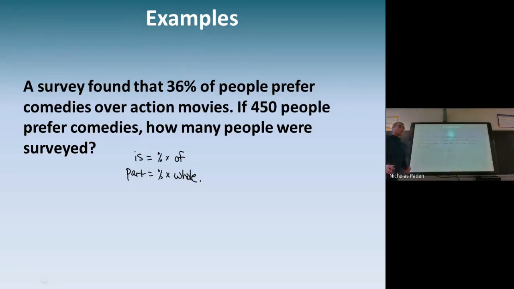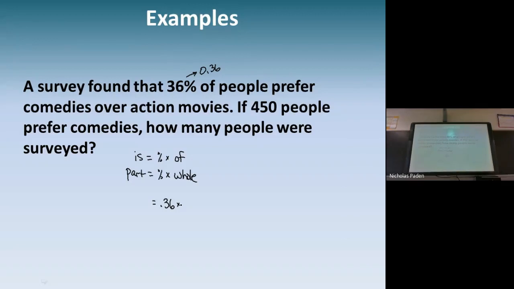We've got to figure out what pieces do we have. One is easy to see. We know we've got the percent, 36%. So remember, change 36% to a decimal, 0.36. So equals 0.36.